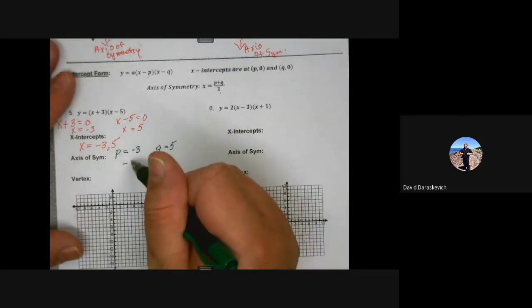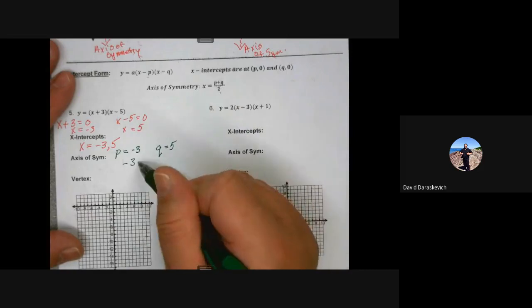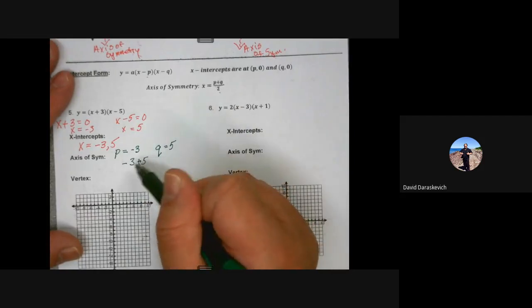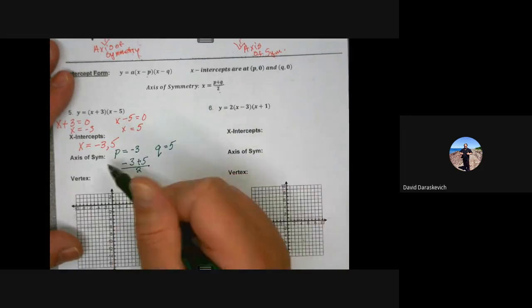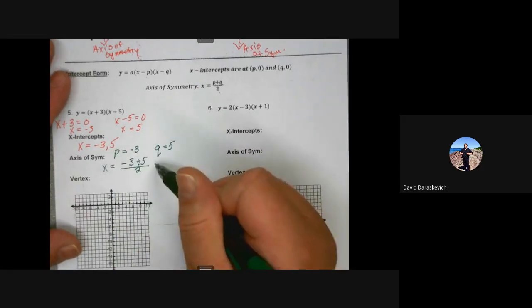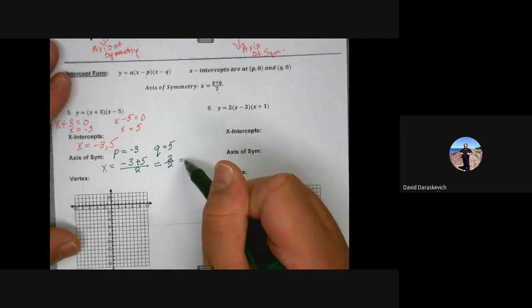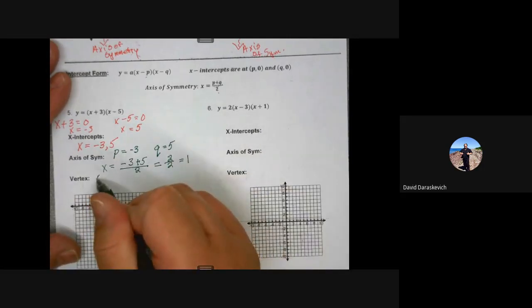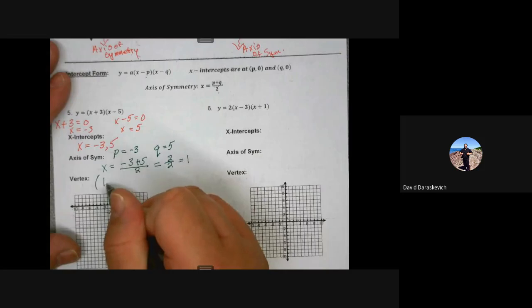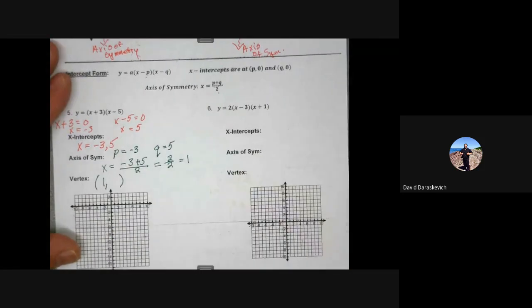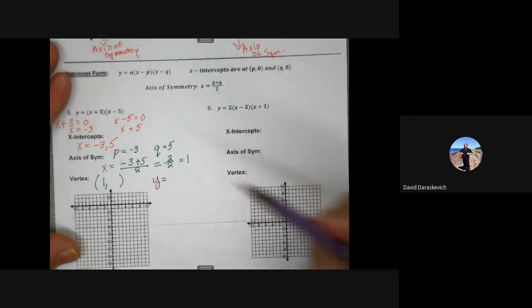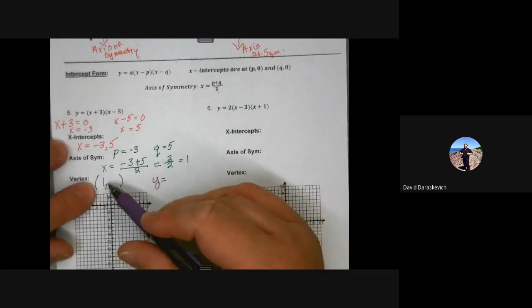Okay, so I got p, -3, plus q, which is 5, divided by 2, which I get 2 over 2, which is 1. So my vertex x coordinate is 1. We have to figure out what y is. Okay, y, well, we go back and substitute in x.